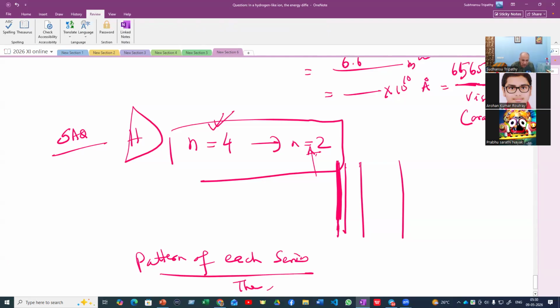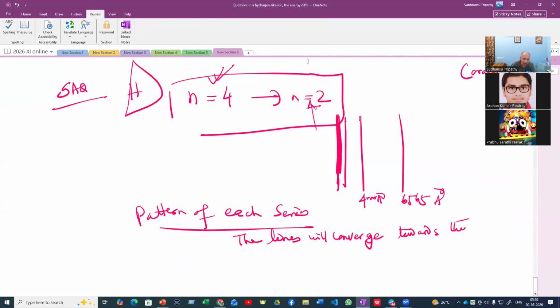The lines will converge towards the lower wavelength region. The first line is 6,565 angstrom. I have given you the task of 4,000 something, and within that same 4,000 something it will be converging. It will not cross below 4,000. Somewhere you will find the lines converge towards the lower wavelength region.